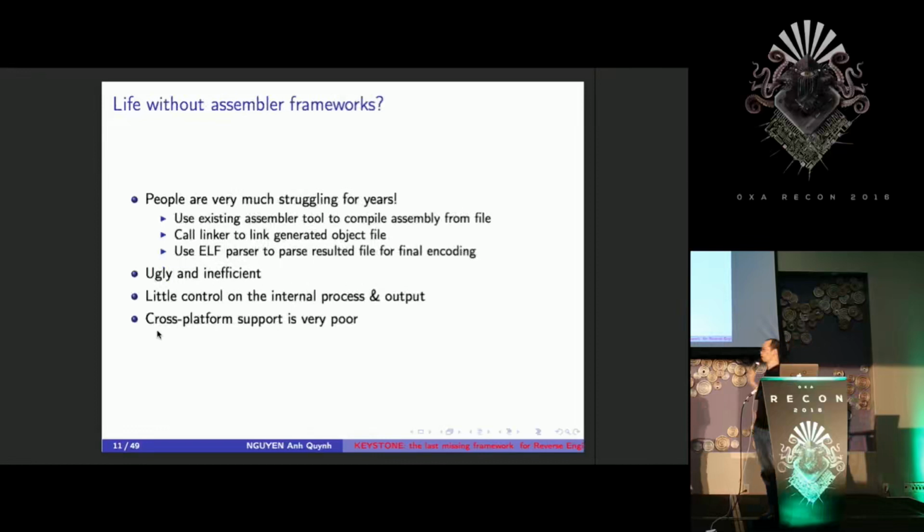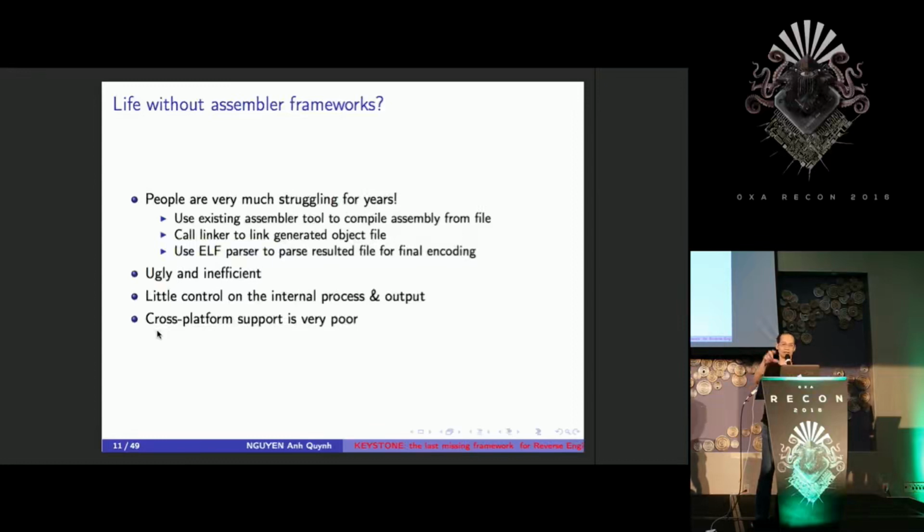So without a proper framework, people struggle for years and forever. Because there's no framework, they need to build their tools by executing an external process, for example, NASM or GNU gas from GNU. The way they do it is that they write the assembly code into one file, and they feed that file into the external tools and let it run.